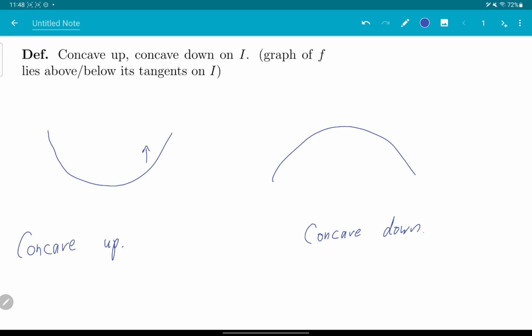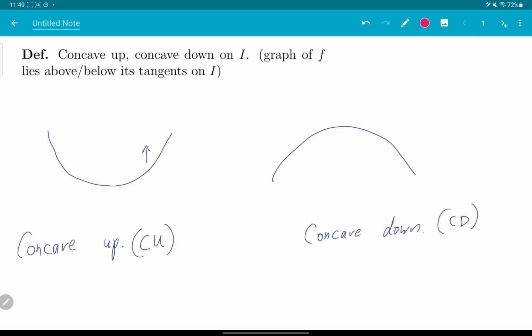But roughly speaking, concave up means the cup faces up, and concave down means the cup faces down. Short forms, I'll say CD for concave down, and I will say CU for concave up.